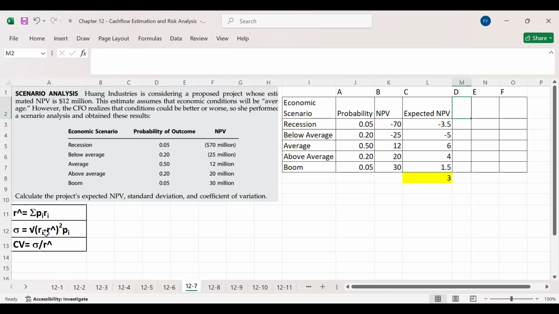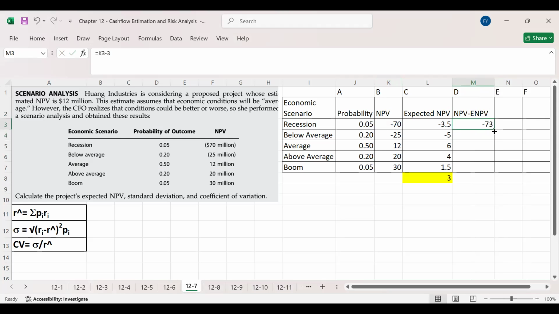In the next step, we take the difference between the individual NPVs and the average NPV. So we deduct the expected NPV from the NPV. The expected NPV is the same, which we have calculated as 3 million. Here NPV is K3, so K3 is going to be reduced by 3.